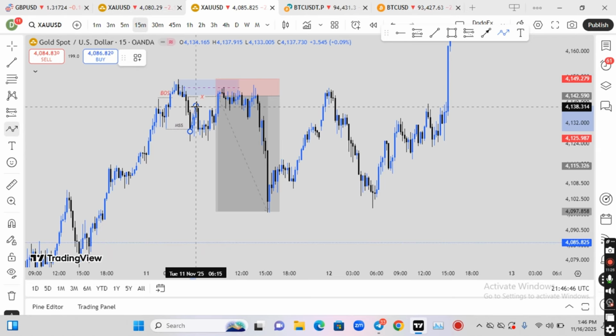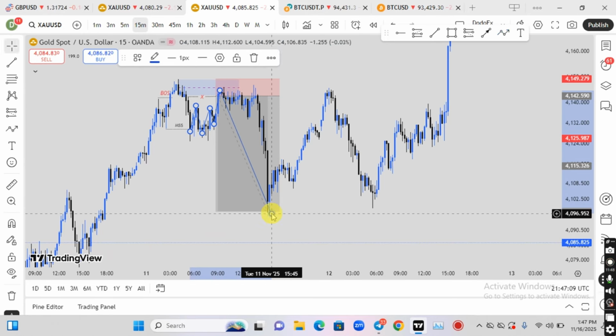What makes this pullback valid is that price pulled back with a single candlestick. If you remember what I said, it can be a single candlestick or multiple candlesticks. With one single momentum candlestick in that direction, it covers more than 50% of the pullback, right? Then it pulled back, I tapped to my entry here, and then it sold.